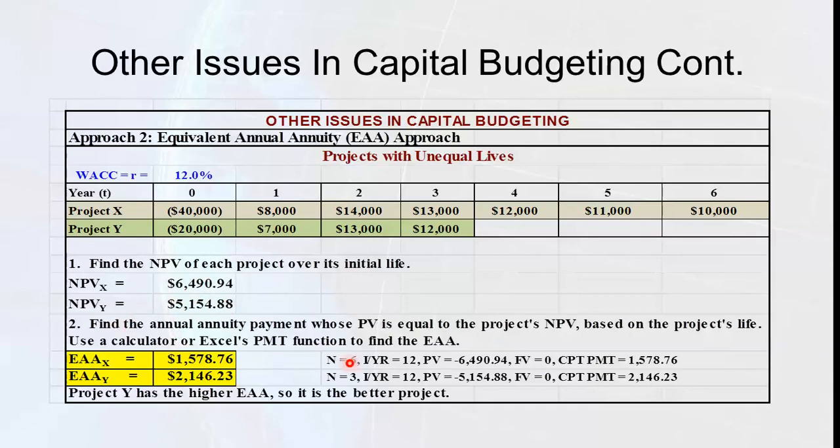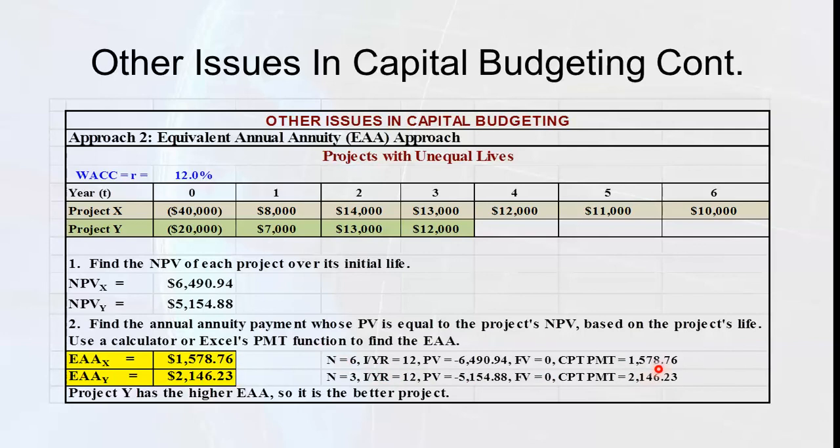In step 2, using the five keys or the Excel function, solve for payment. We are trying to find the equivalent annuity, that is, in terms of annual benefit, how much each of these projects is generating.